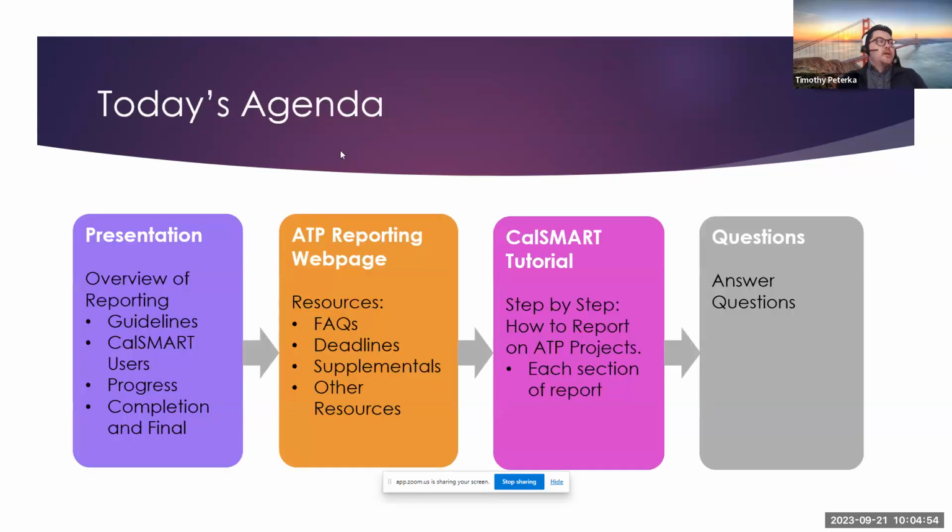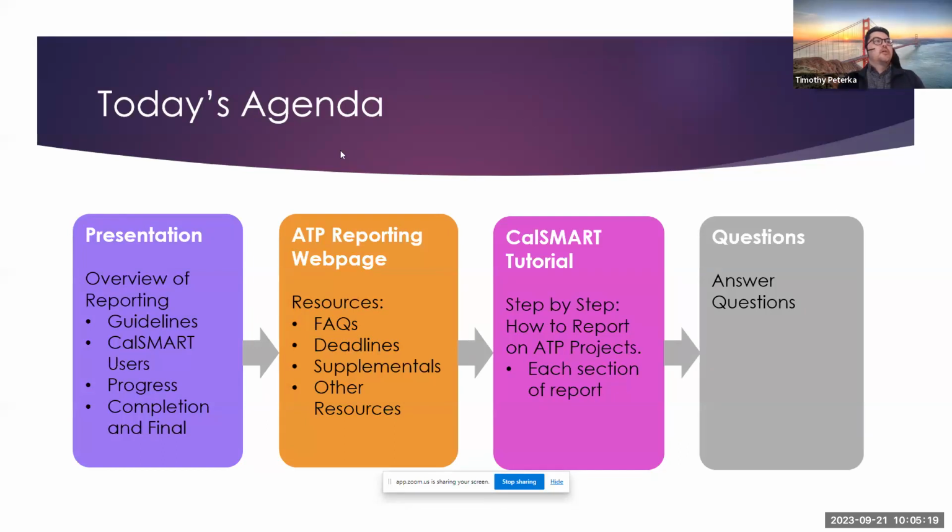So for today, I'll be giving a presentation of the reporting guidelines, what you need to be submitting in CalSMART, the types of reports, when you'll be able to report. And then we'll go to showing the resources on our ATP reporting webpage. There's a lot of stuff there to help agencies through the reporting process. You know, what to report, when, how do we do things?